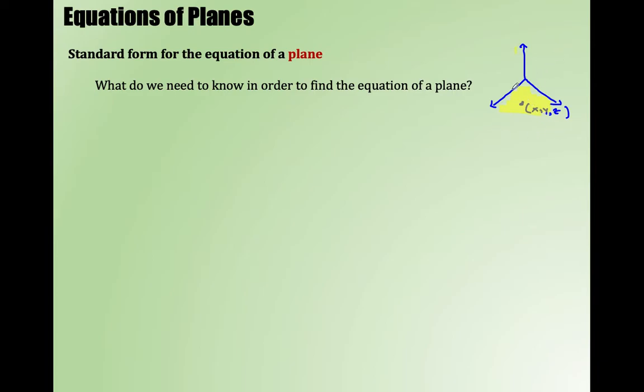So there's tons and tons of planes that go through this point, not just the yellow shaded XY one that I have. But what if that's the one I want? What if I want the XY plane? How do I differentiate the fact that given this point, I want this plane?